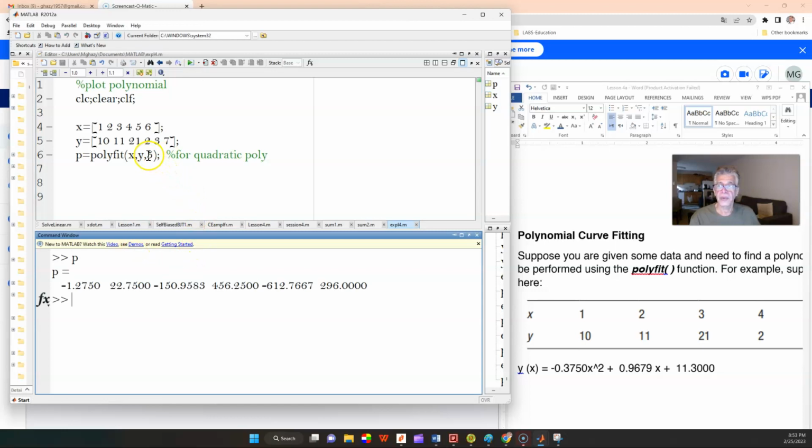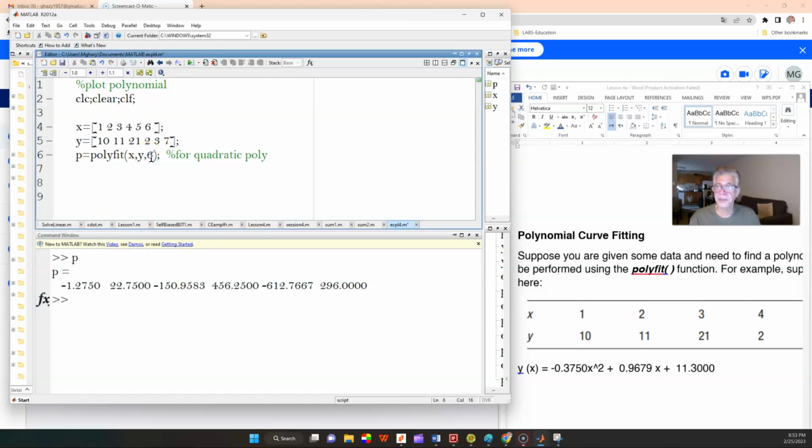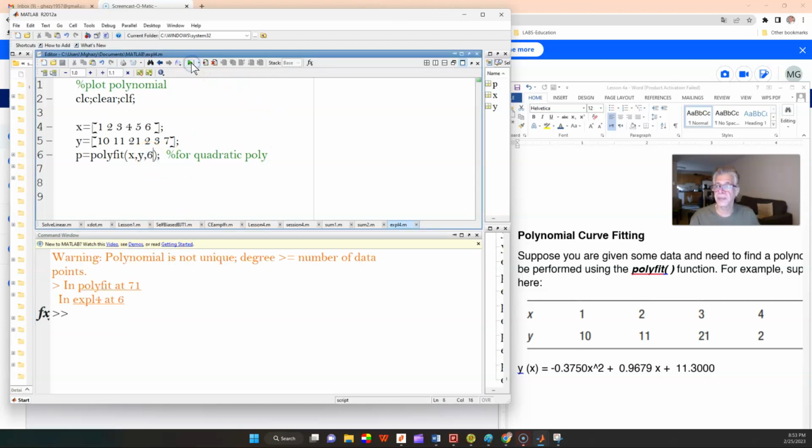Now we make 6 terms. You can't. And that just makes sense. Like if you have 1 point, let's say you have 1 point, and ask MATLAB to give you the best straight line. How to make the best straight line from 1 point?